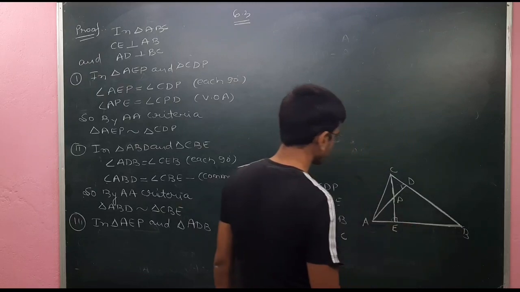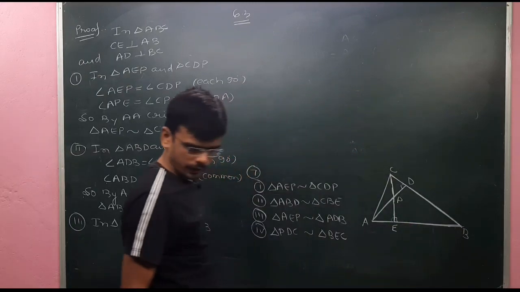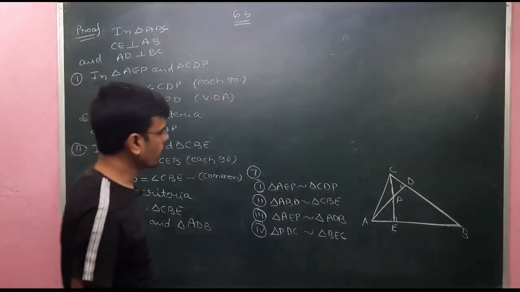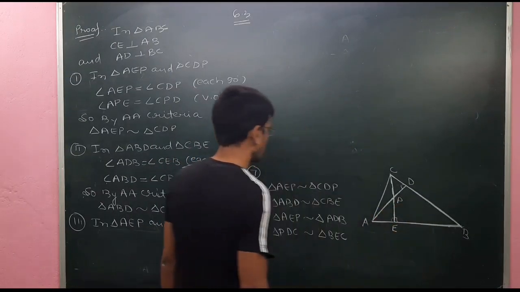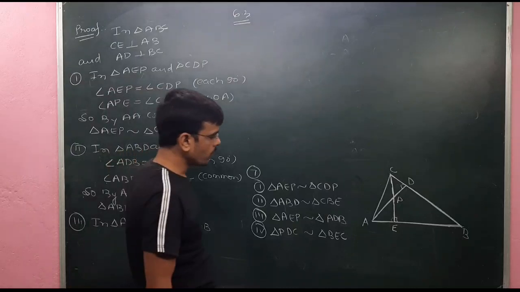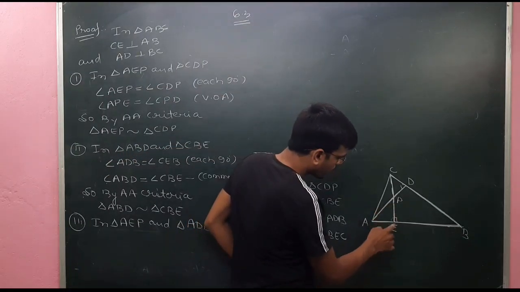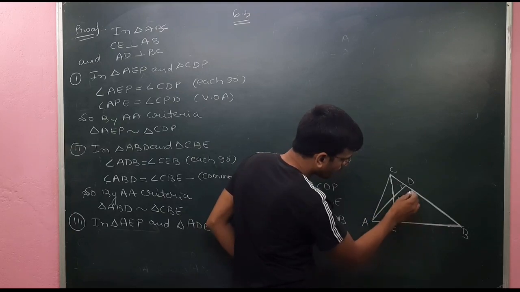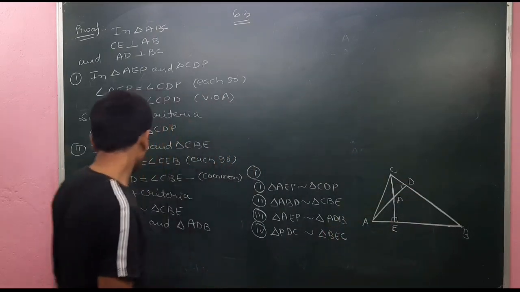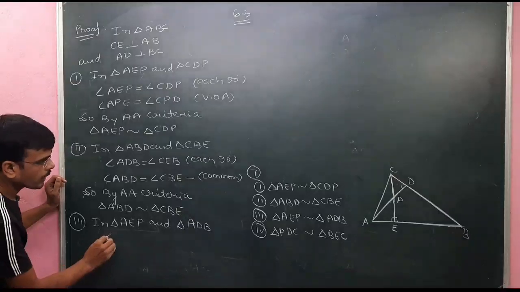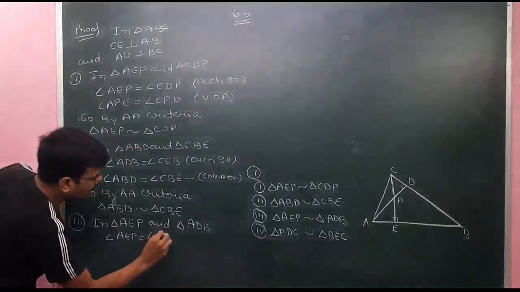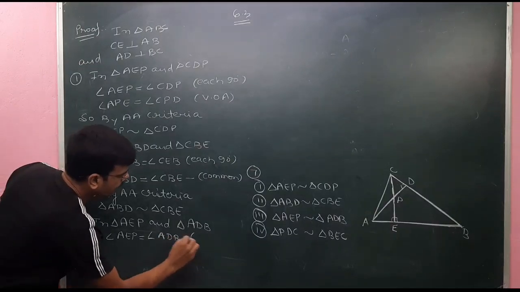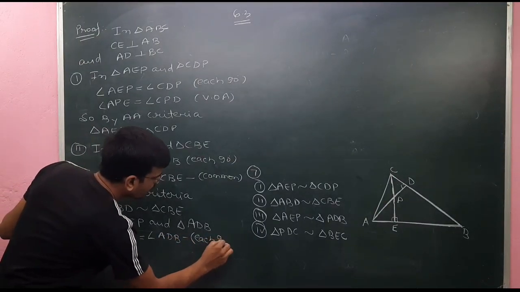In both triangles, you can see that in triangle AEP the angle E is 90 degrees, and in triangle ADB angle D is 90 degrees. Angle AEP is equal to angle ADB, each 90 degrees.